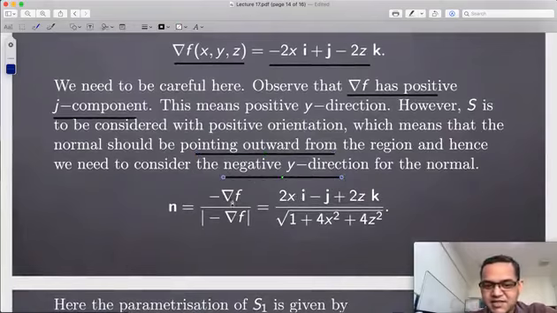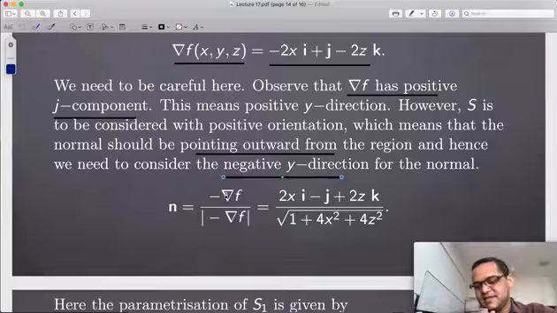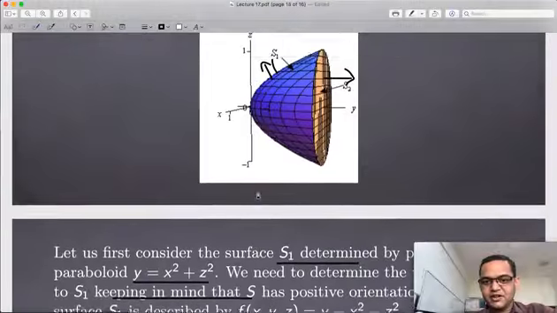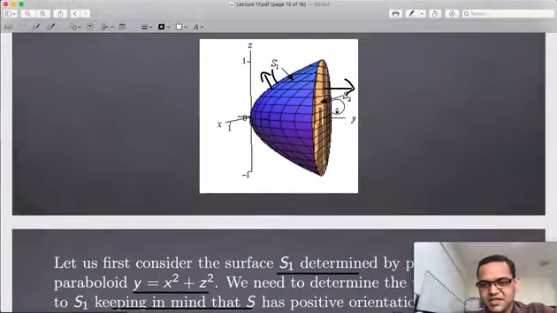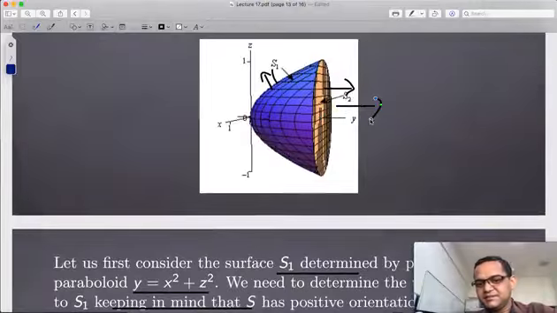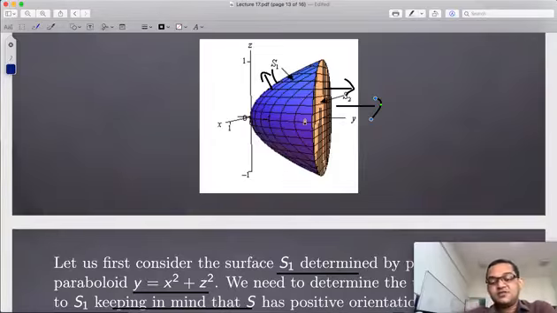That means we have to take the normal vector as the negative of this gradient. This is very important. If the normal vectors point in the positive direction, then at points like here I will be pointing inward into the region. That is not the case.